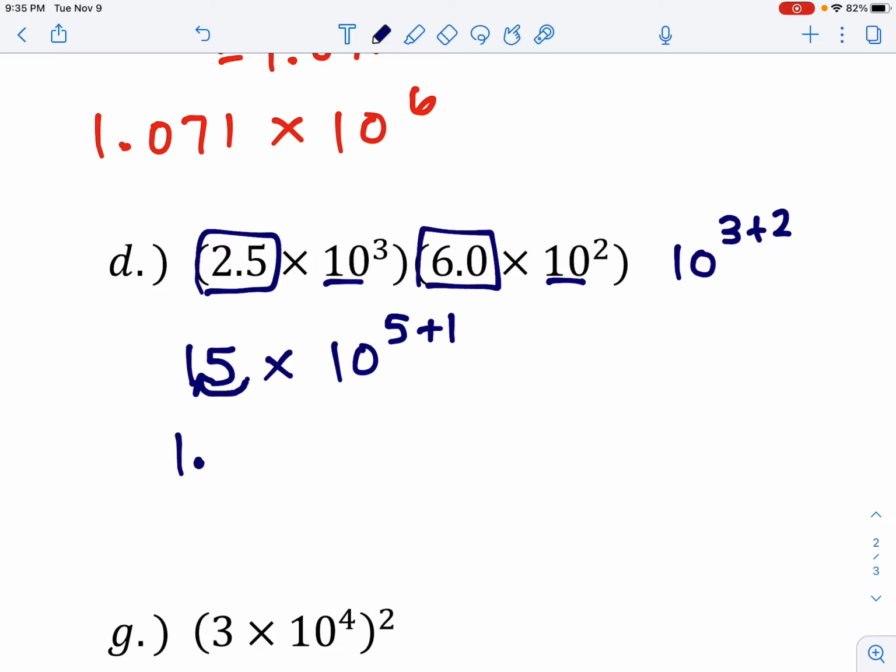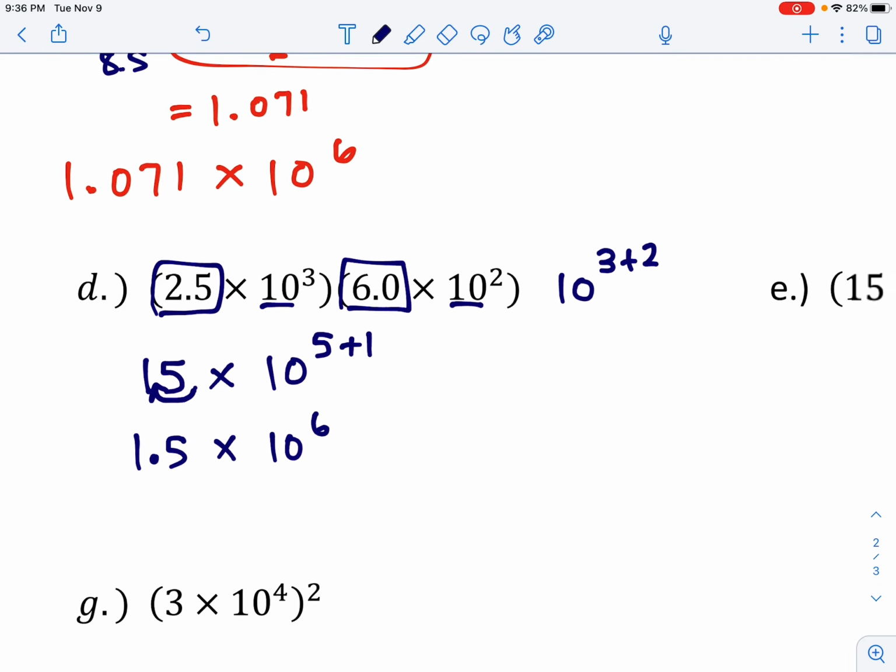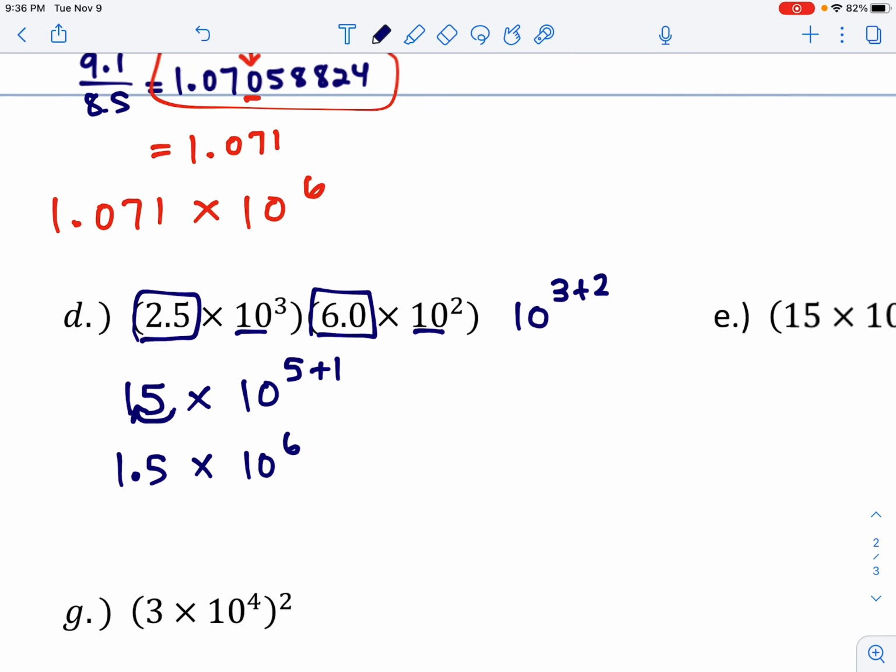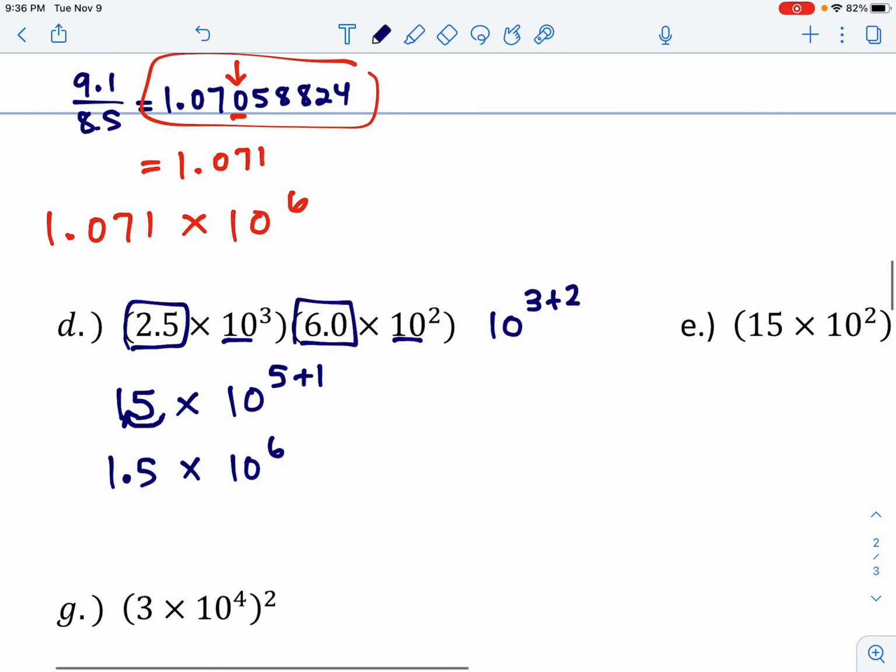So this is going to be 1.5 times 10 to the 6th power. So the biggest thing to remember, back 1 adds 1, kind of rhymes maybe a little. Back 1 adds 1, then you know if you go the other way, then you always have to subtract. So if you remember back 1 add 1, then you know that you're going to be on the right track every time.